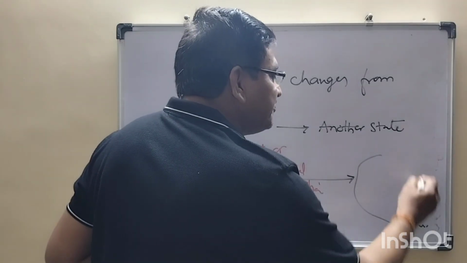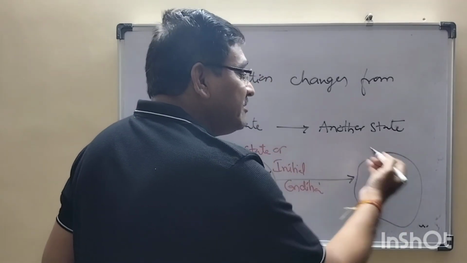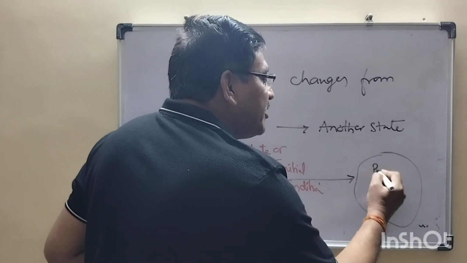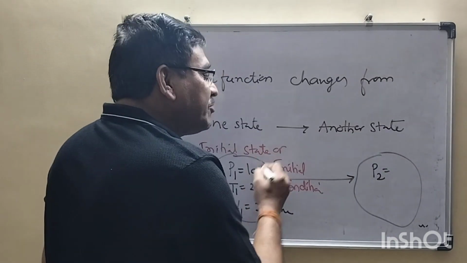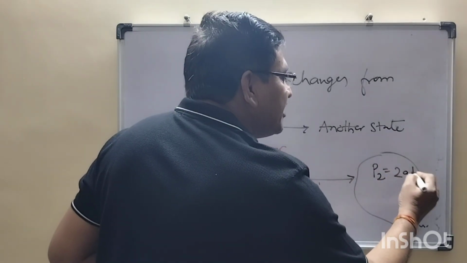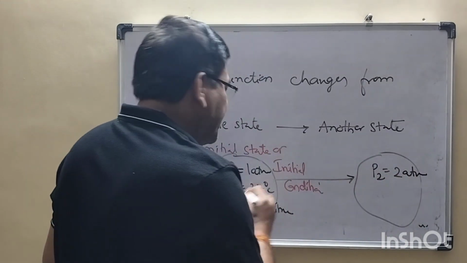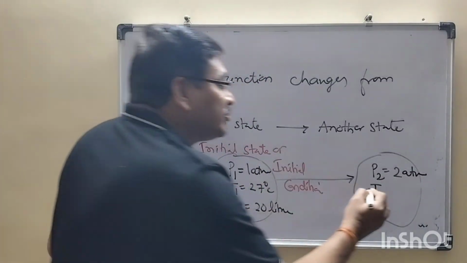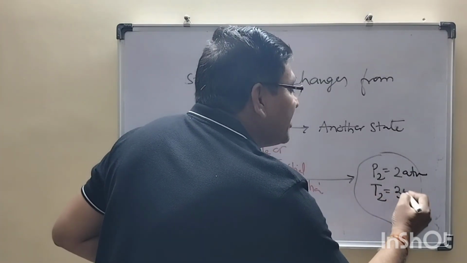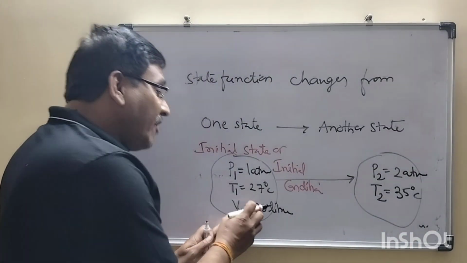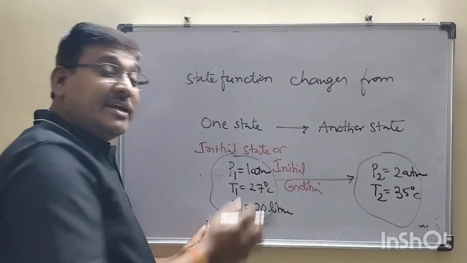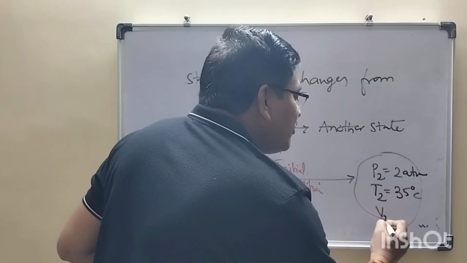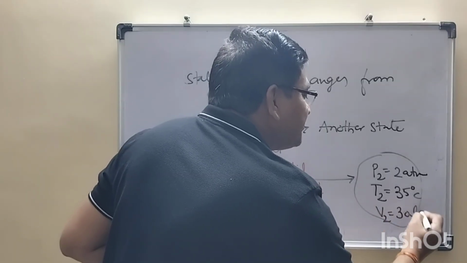It is the same system in another state: P2 pressure, let us say 1 atmosphere to 2 atmosphere; temperature T1 27 degrees centigrade to T2, let us say 35 degrees centigrade; volume V1 20 liters to V2, let us say 30 liters.